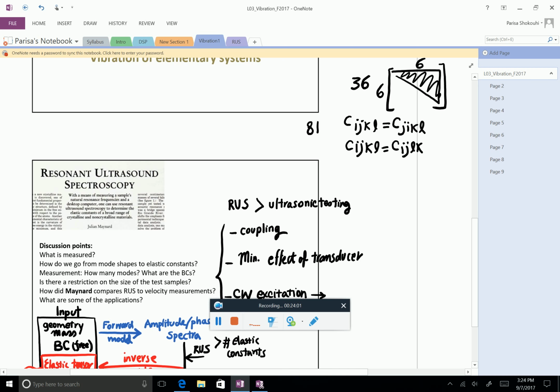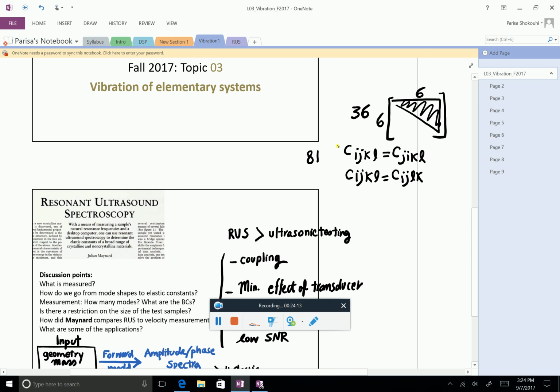So should we count those to make sure it is 36? Oh, because of these symmetries. Because in engineering terms, all you are left with are these ones, like sigma 1, 1, sigma 2, 2, sigma 3, 3, and then sigma 1, 2, sigma 1, 3, sigma 2, 3.